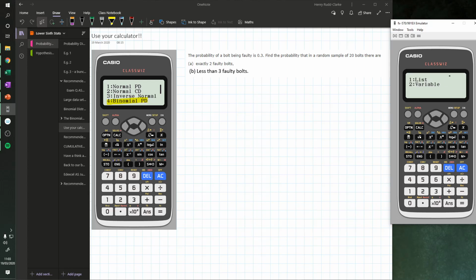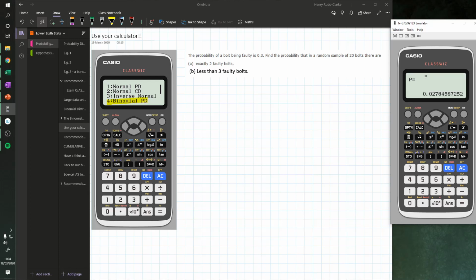We want to go to variable, and then we type all the relevant values in here. It says the probability of a bolt being faulty is 0.3. In a random sample of 20 bolts, what is the probability there are exactly 2? So x is 2, the number of trials is 20, and the probability of fault is 0.3.